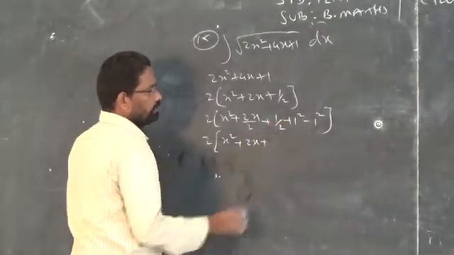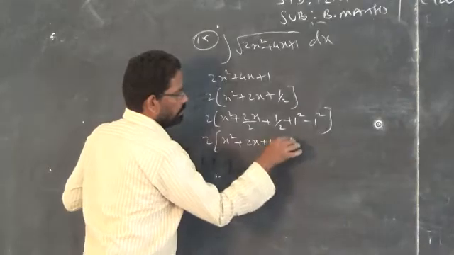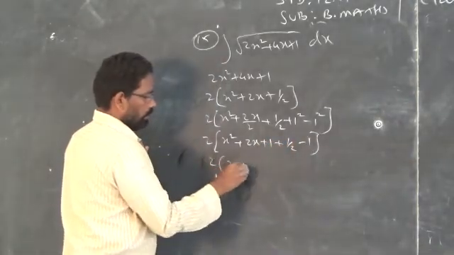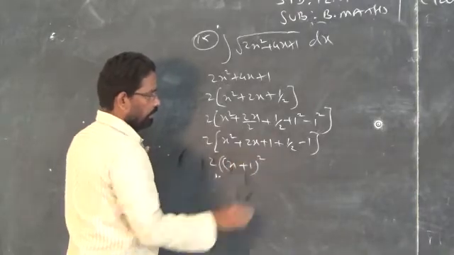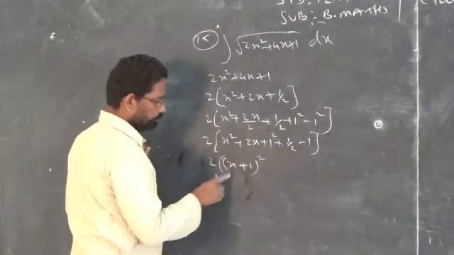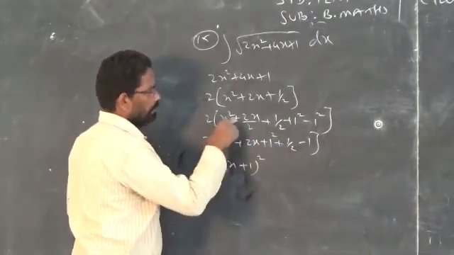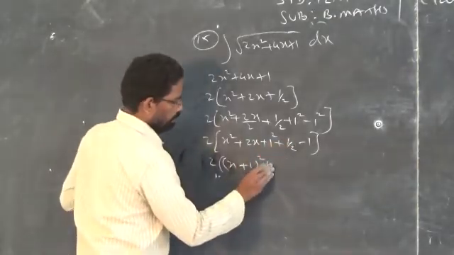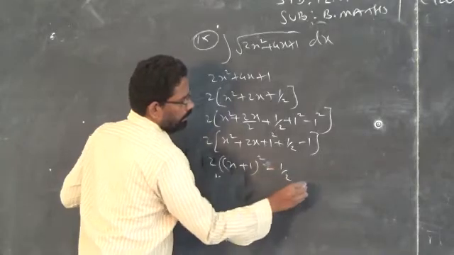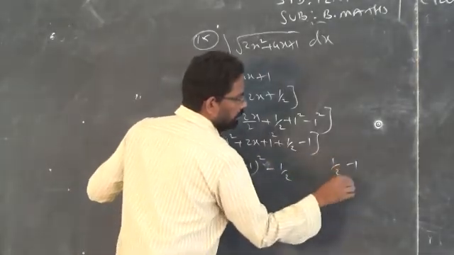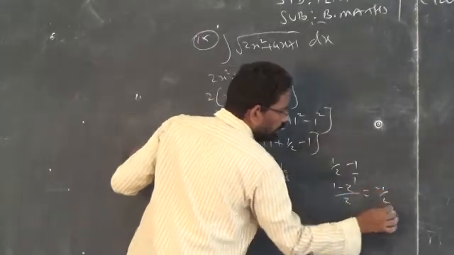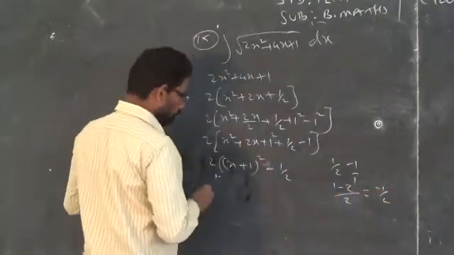Now, which one are you adding? 1 plus 1 by 2 minus 1. 2 of this will become a plus b the whole square, that is 1 square, because we have a plus symbol. Then plus of minus will give minus 1 by 2. Simplify 1 by 2 minus 1, cross multiply, 1 minus 2 by 2, which will give you minus 1 by 2.